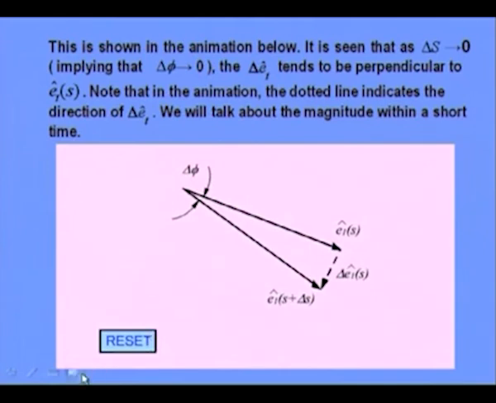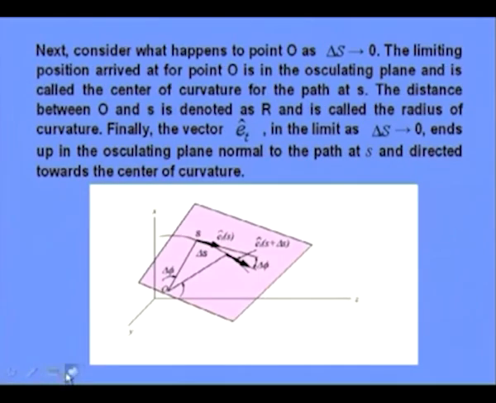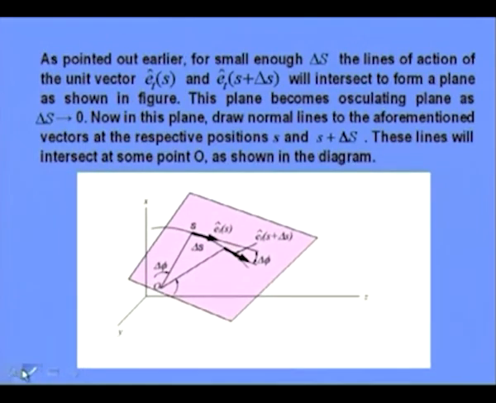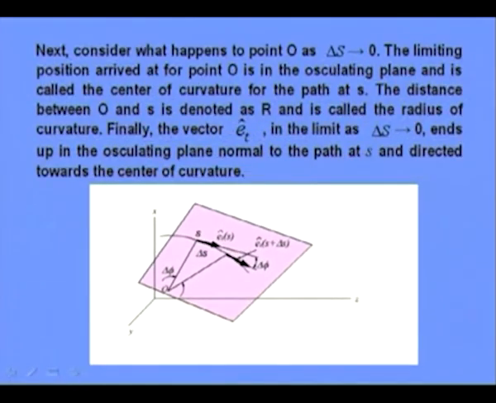Let us consider what happens to point O as delta S tends to 0. The limiting position arrived at for point O is in the osculating plane and is called the center of curvature for the path at S.